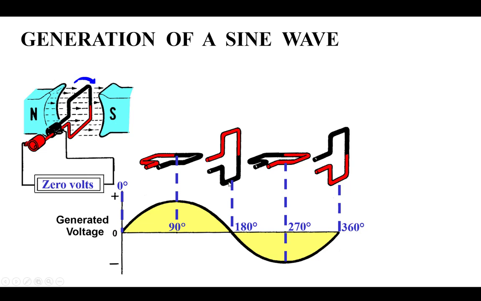When the black is down at the bottom, again I'm running parallel, so there's no induced voltage because there's no lines of flux being cut. And then at 270, I've got maximum again, but in the other direction. At 360, back to 0, and it goes over and over as these cycles repeat.